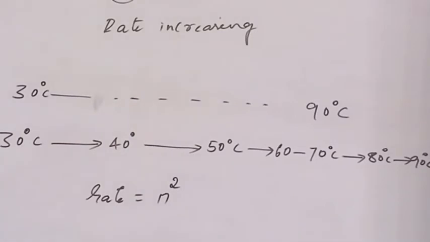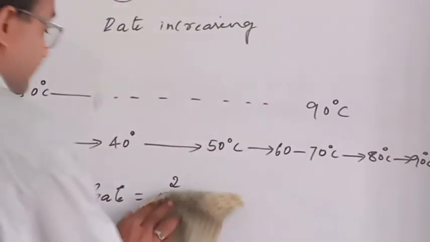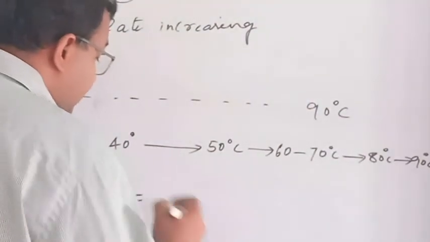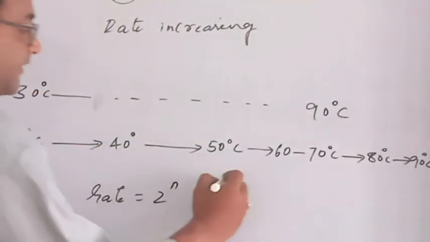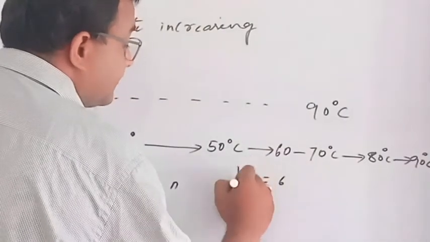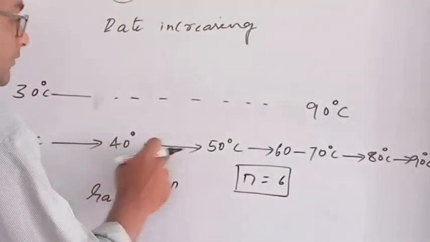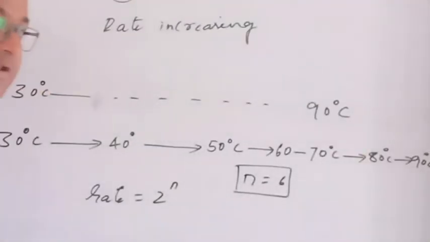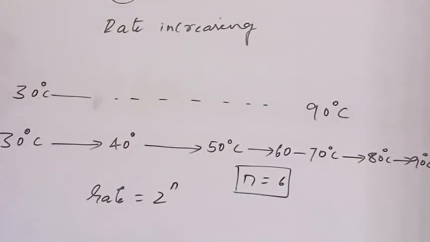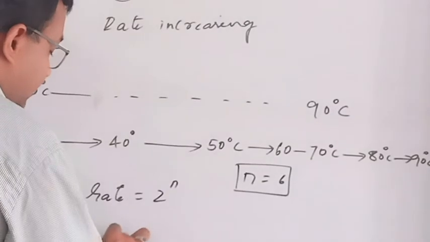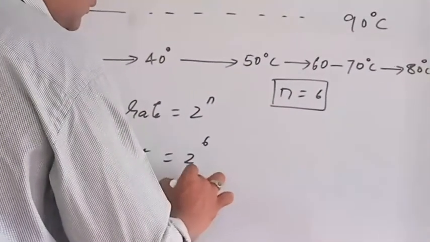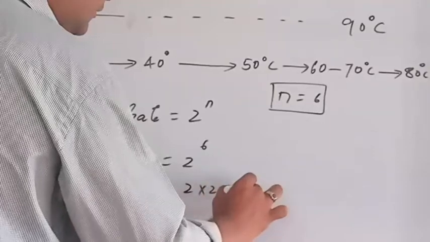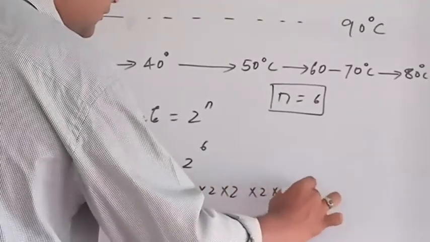The rate increases to 2 power n, and we know that the value of n is 6: 1, 2, 3, 4, 5, 6. It is a tricky shortcut method to solve. Then the rate is equal to 2 power 6, that is 2 into 2 into 2 into 2 into 2 into 2.